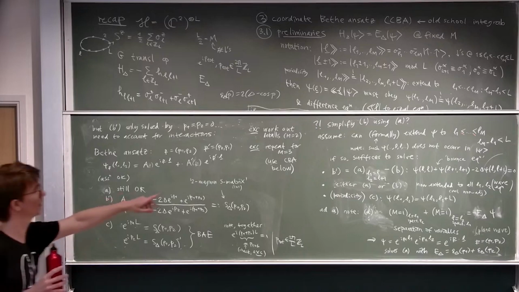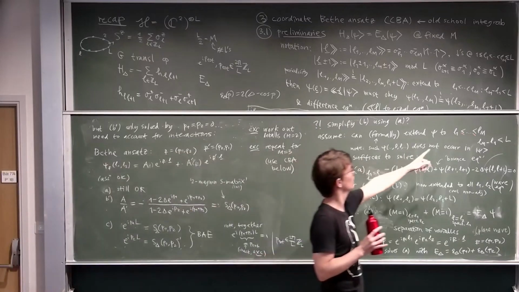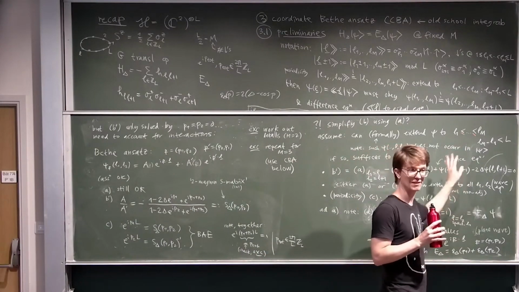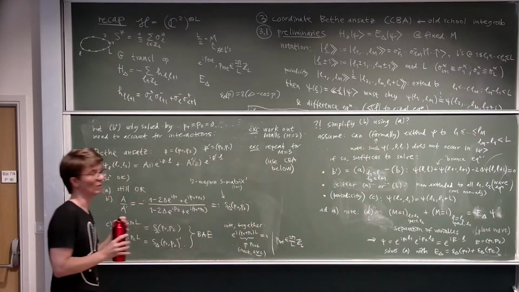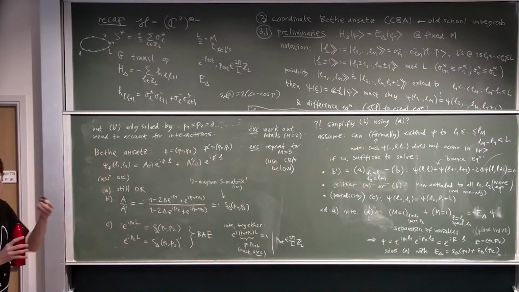And then moreover, I formally extended the wave function to allow for equal arguments. It does not appear in eigenvectors, but it is much easier because it allows us to simplify the equations. So then we get simpler equations, but they have to hold for more values of the positions. So it's somehow a sufficient but not necessary way to solve the whole system of equations.